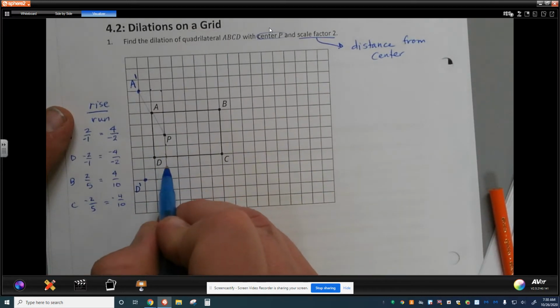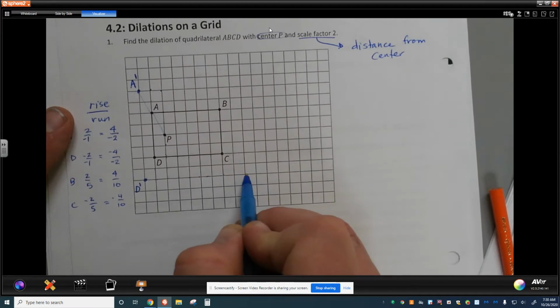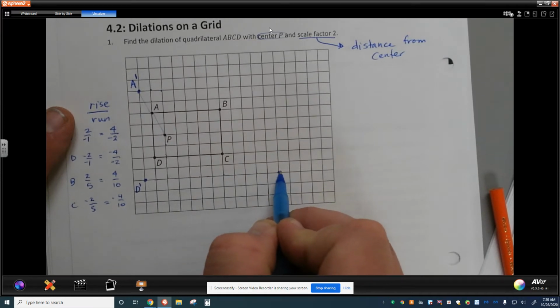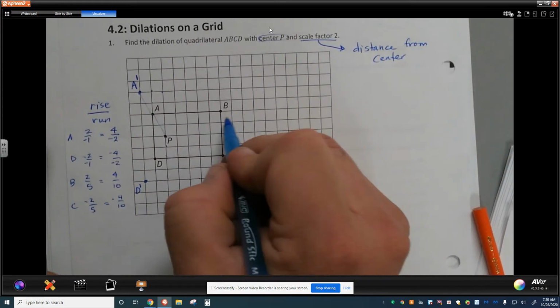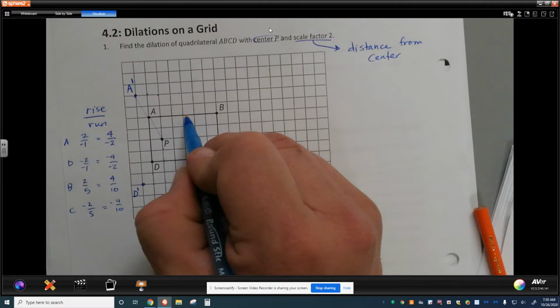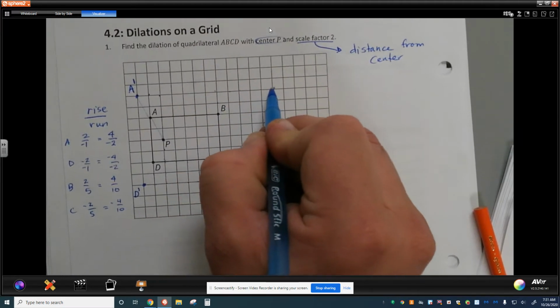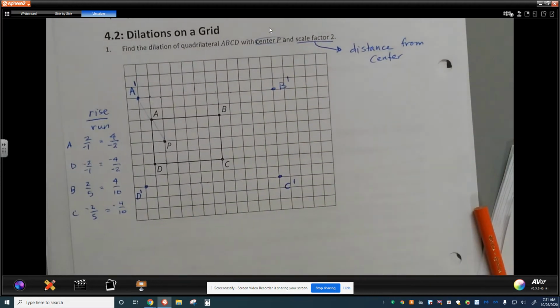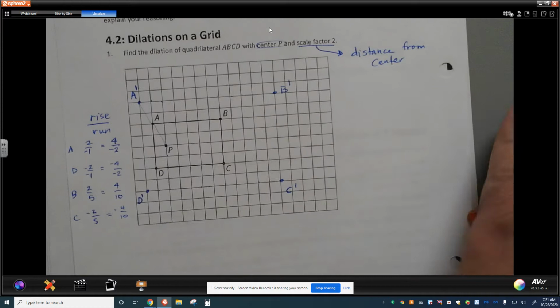So down 4 units, and 4, 5, 6, 7, 8, 9, 10. There's C prime. And then B, we go up 4, to the right 10, for B prime.